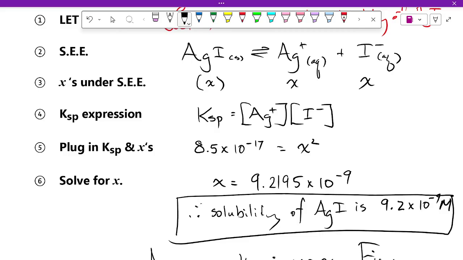You didn't get 9.2? I got 9.0. No, you said 9.2. 8.5 times 10 to the negative 17 square root? Yeah. Oh, you've just run out of decimal places.